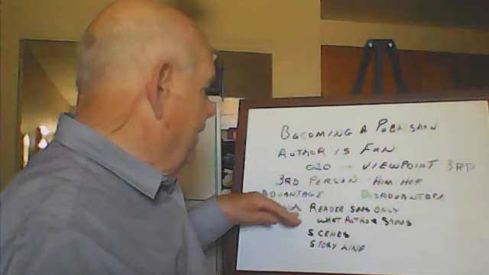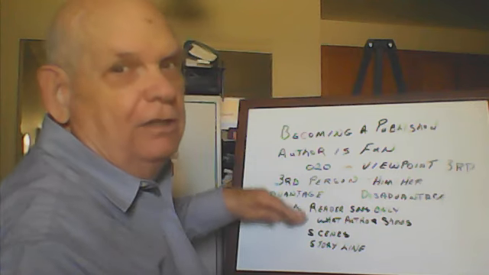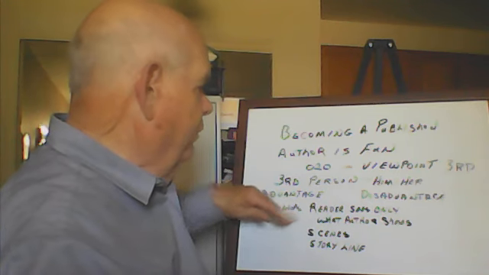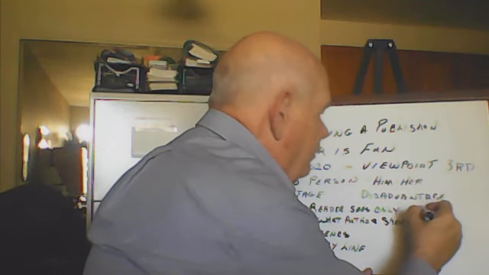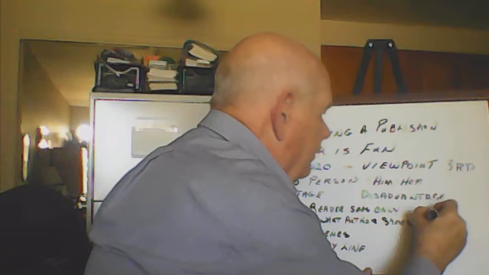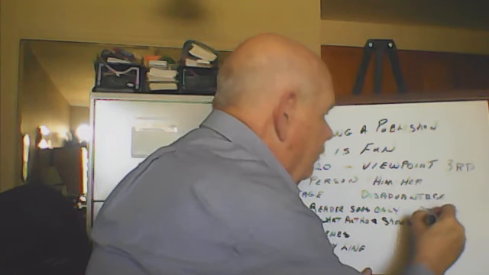So as the scenes, as the story develops, the reader sees only what the author shows. Over here, it's a disadvantage because you don't see the future. So that's a disadvantage.